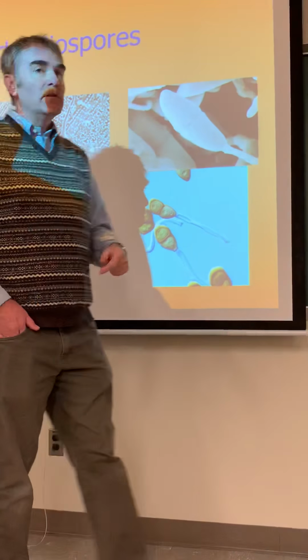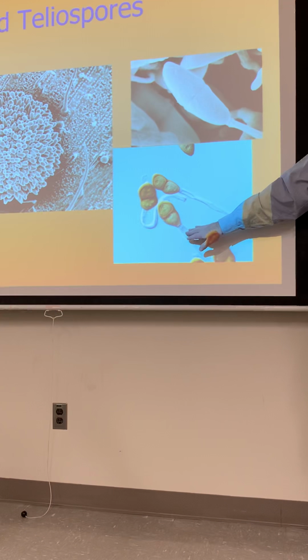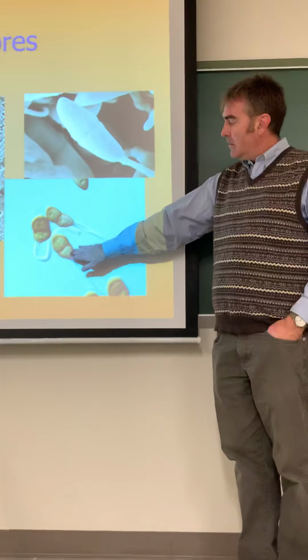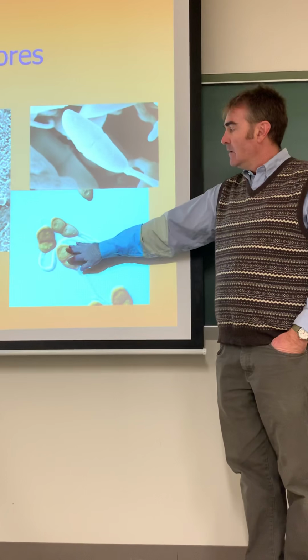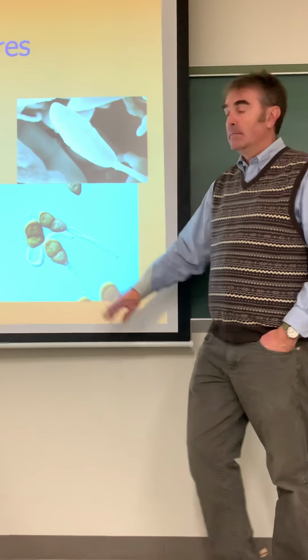And then here you see kind of these characteristic forms when you look at them under the microscope, right? So here's a two-celled Teliospore, and they're darkly pigmented, right? So you can see this is dark, kind of grayish orange again. Okay.